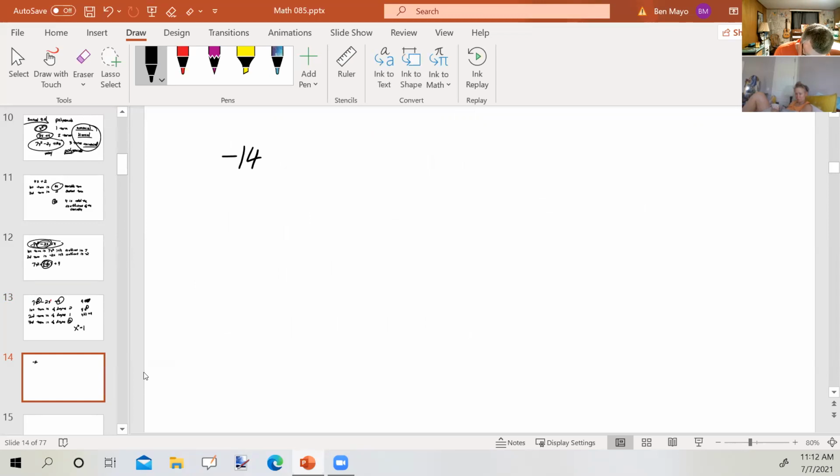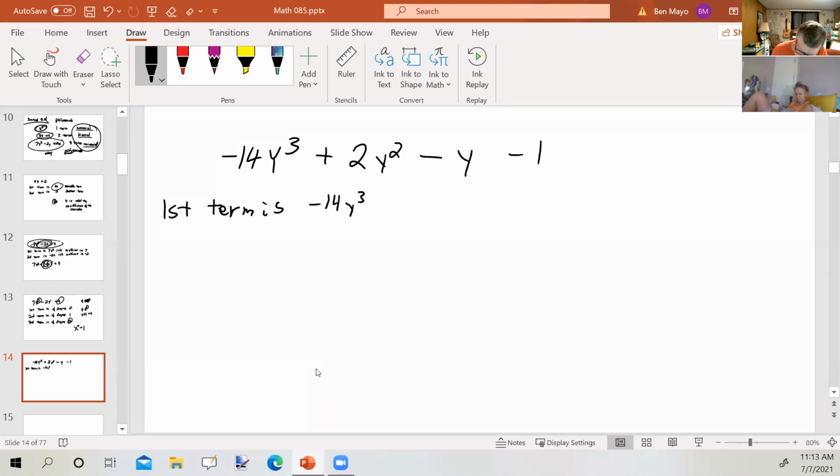Now, how about this one? Negative 14y cubed plus 2y squared minus y minus 1. Okay, this is a polynomial. It has 4 terms. The first term is negative 14y cubed.